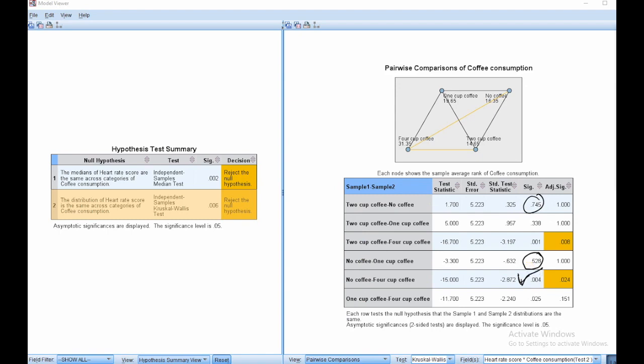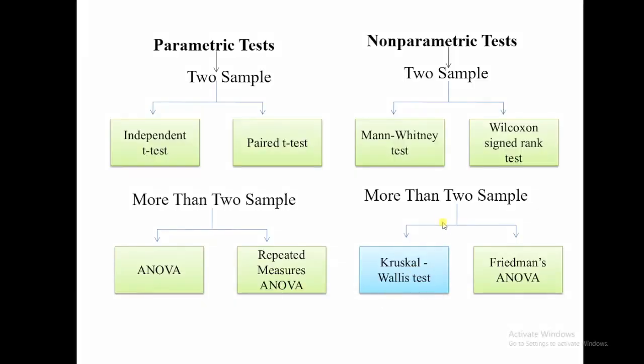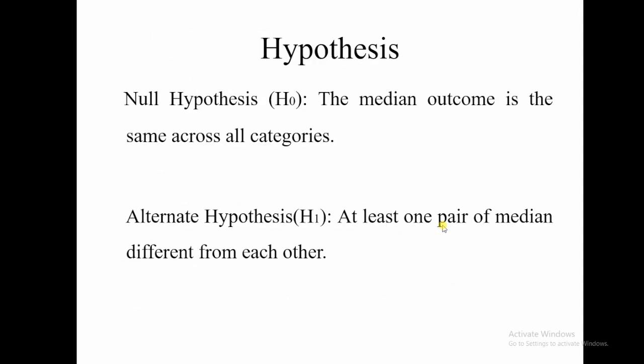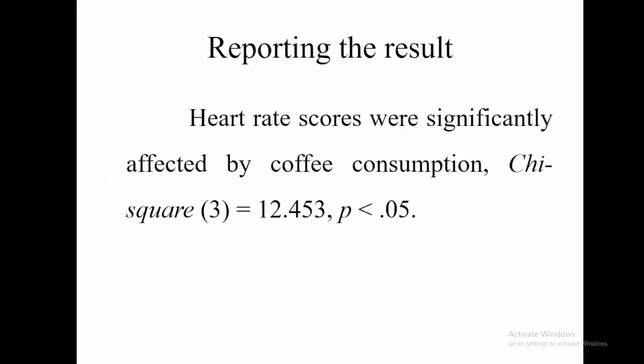Now the question is how to report the results. This is how to report the result of the Kruskal-Wallis test. This way: heart rate score was significantly affected by coffee consumption, chi-square 12.453, and p value less than 0.05.